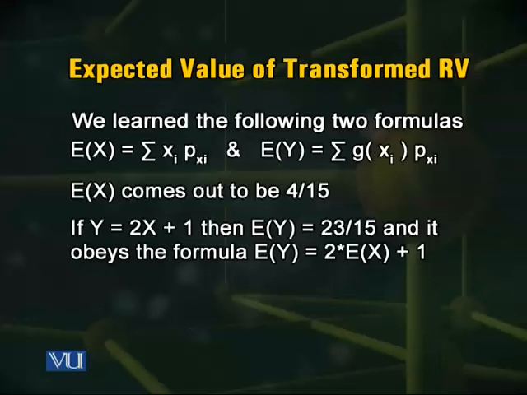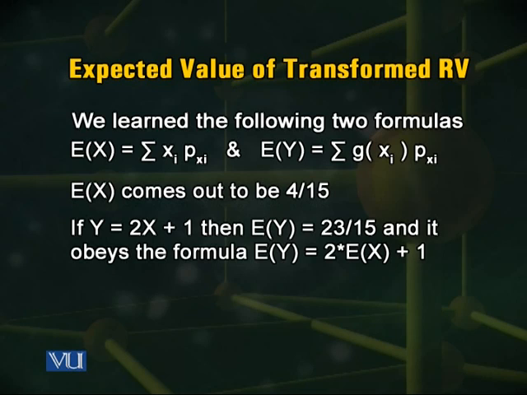Now, look at the expected value of x, which is 4/15. If we take this value 4/15 and fit this into this mapping 2x plus 1, you will get the same value, which is the expected value of y.